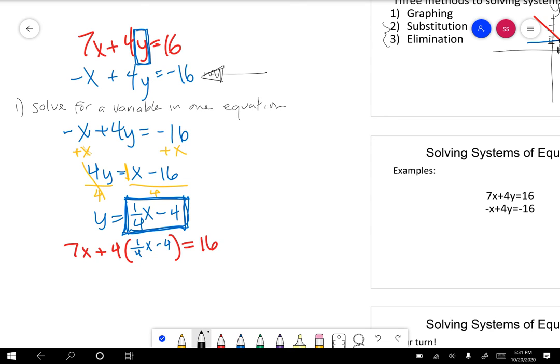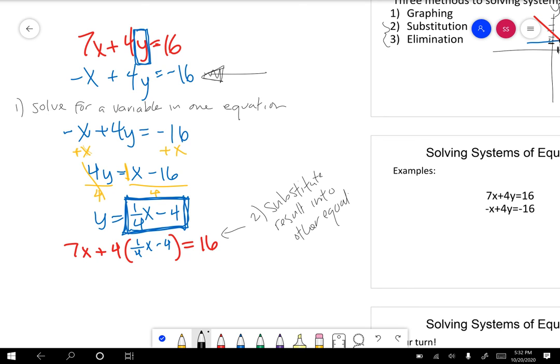Okay, so from here, I kind of skipped writing some of the steps out, but let's see. Solve for one of the variables. Yep, we did that. This right here is, let's see, step 2, which was substitute the result into the other equation.